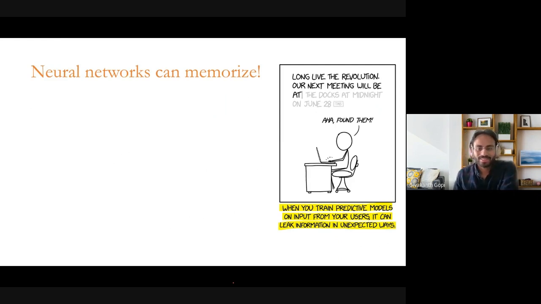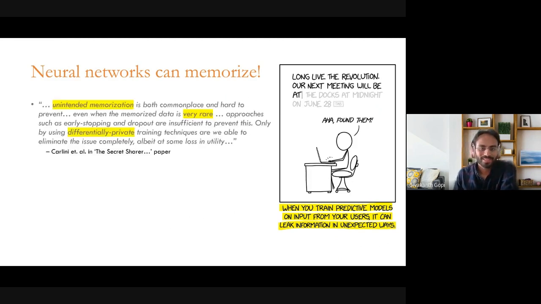Okay, so I guess I don't need to convince you that while training neural networks, we should be careful about the privacy implications, because neural networks can memorize data almost verbatim, like this XKCD comic predicted, and people actually verified this also experimentally on real-world models.